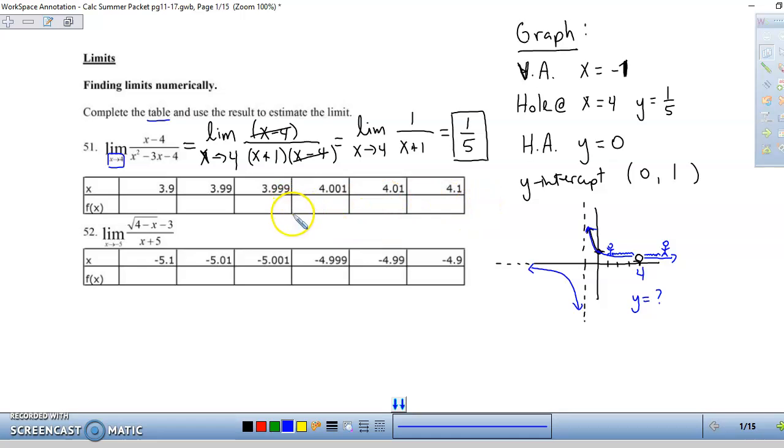So what you can do here is put the equation in your graphing calculator. So you go to y equals, and you just have to be very careful that you put parentheses around the numerator and parentheses around the denominator in your calculator when you put it into the y equals.